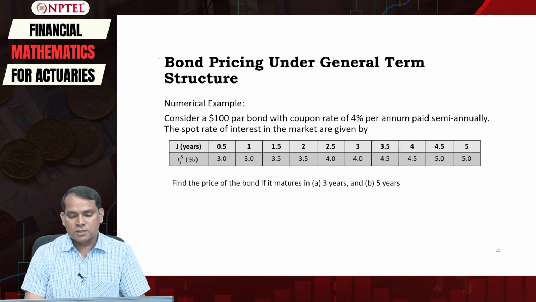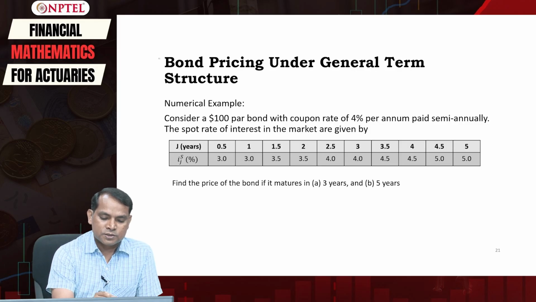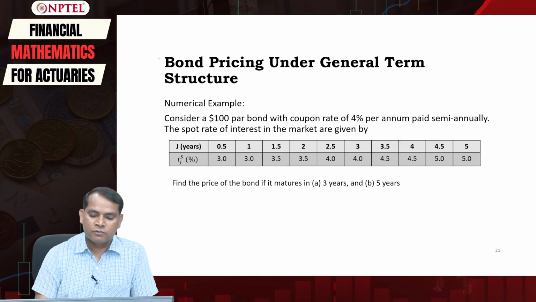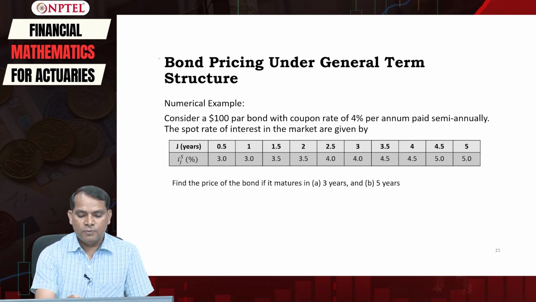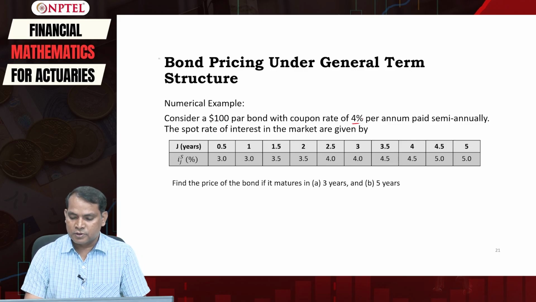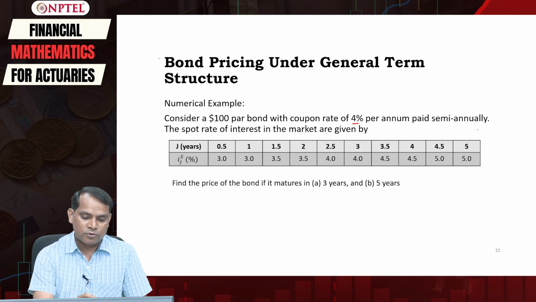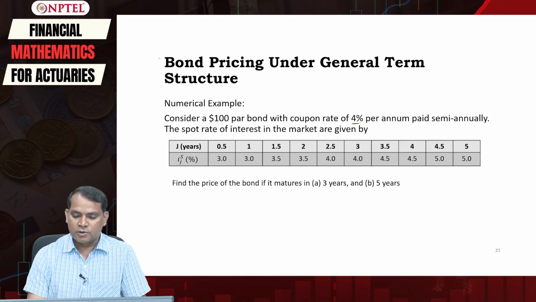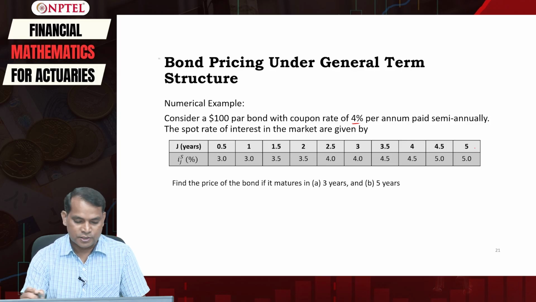So, let us understand this with an example. Consider a $100 par value bond with coupon rate of 4% per annum paid semi-annually, and the spot rate of interest in the market is given in this table.